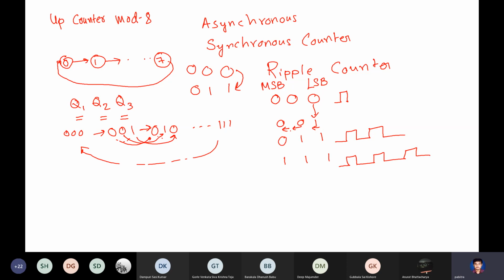If you look at a counter in a time snapshot, you will see only one position changing at a time at each clock cycle, whereas in a synchronous counter, all three will change at a time. This is called a ripple counter. We'll try to build a circuit to implement this ripple counter.